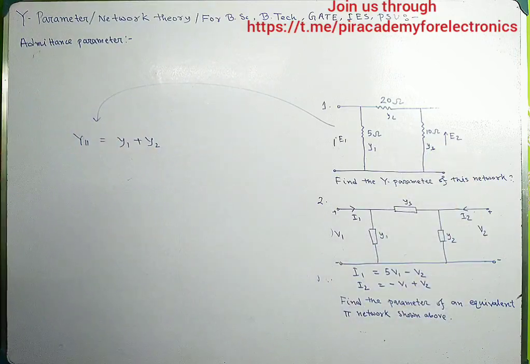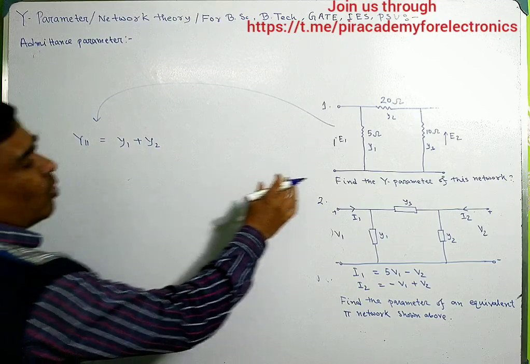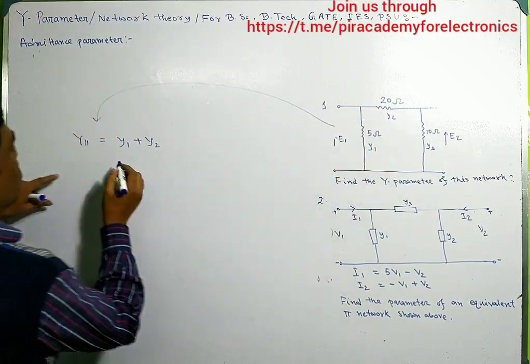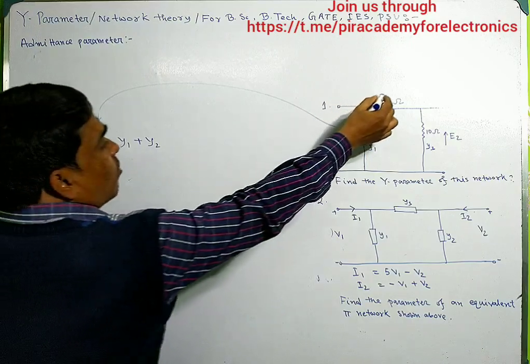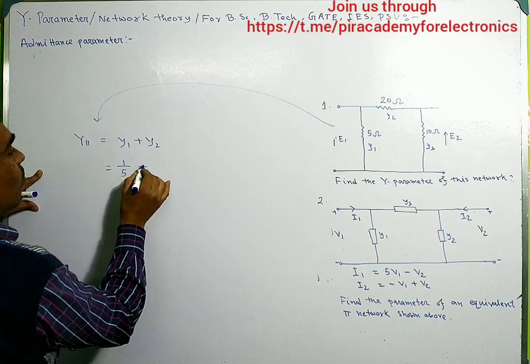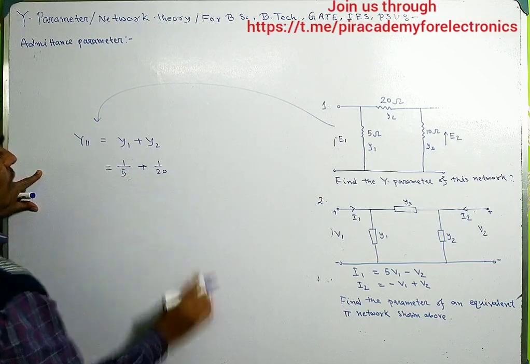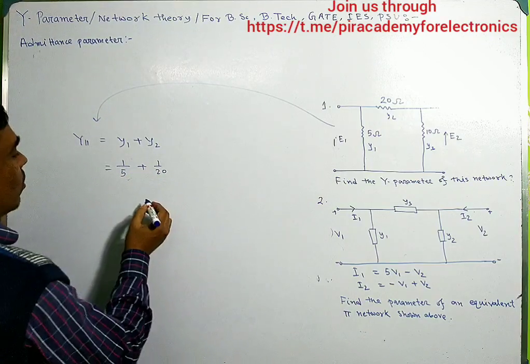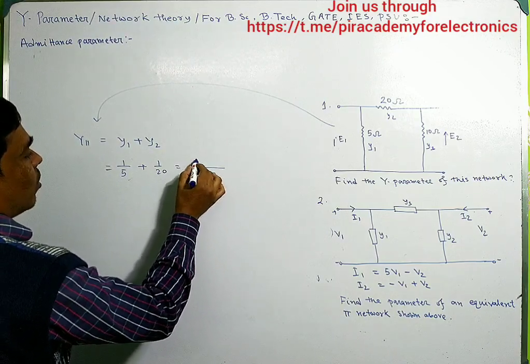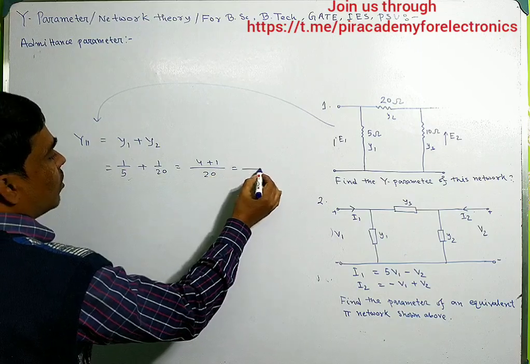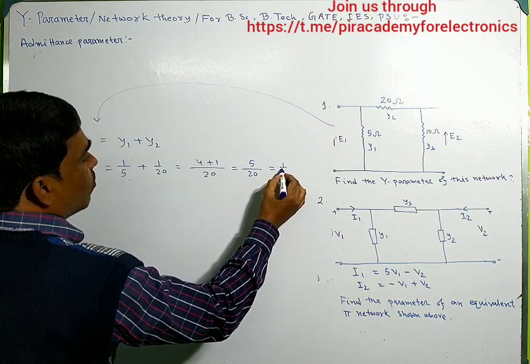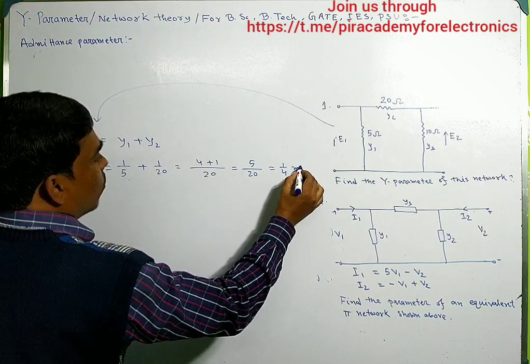So here y1 plus y2, in terms of r, is 1 by 5 plus 1 by 20. It can be written as 4 plus 1, so it will be 5 by 20, which is equal to 1 by 4 mho.